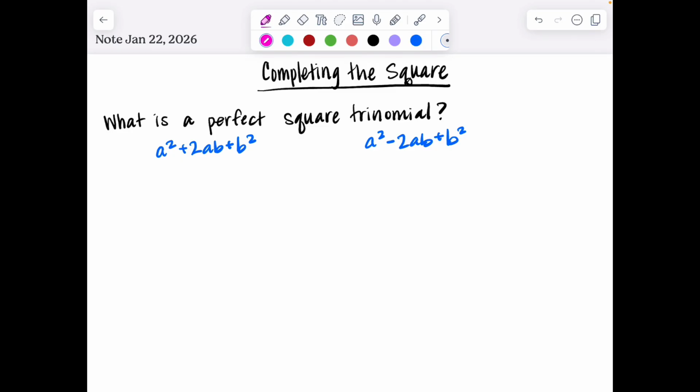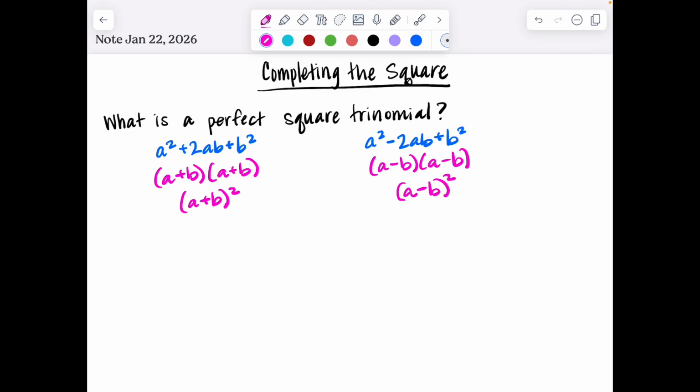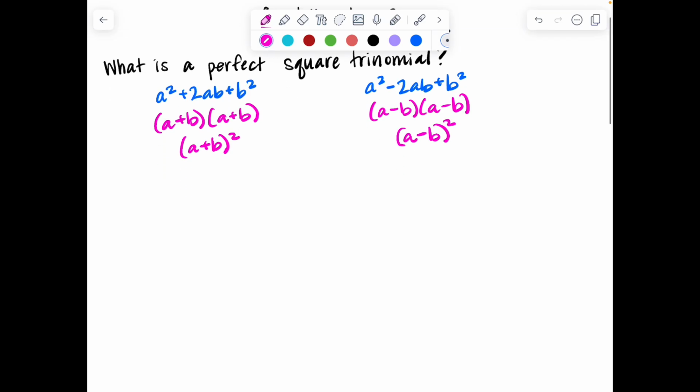When you factor these quadratics, you will end up with (a plus b) times (a plus b), or simplified to (a plus b) squared. And when you factor one with the subtraction as the middle term, it would just be (a minus b) times (a minus b), so (a minus b) squared. So this is what we're looking for when we're completing the square.